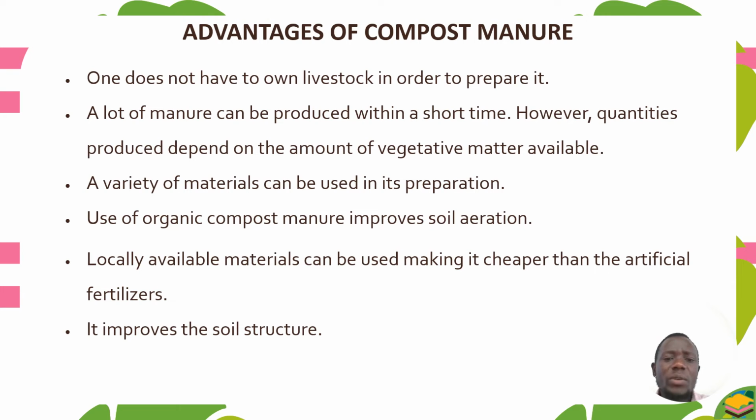A lot of manure can be produced within a short period of time. It is very possible to produce a lot of manure within a short period of time if the materials are available. A variety of materials can be used in its preparation, and these materials are also readily available. They can be used to prepare the compost manure.